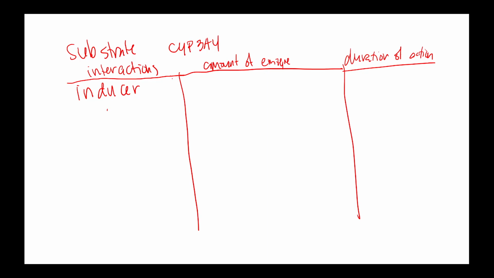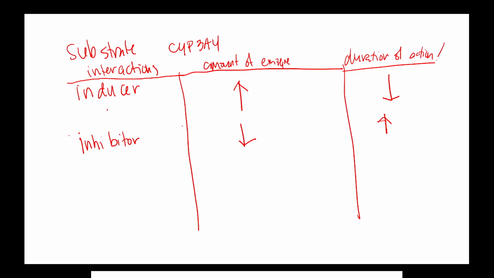So if you have an inducer, the amount of enzyme increases, and the duration of action of the substrate decreases because it is more metabolized. If you have an inhibitor, the amount of enzyme decreases, the duration of action increases. However, it could also account for toxicity as well.